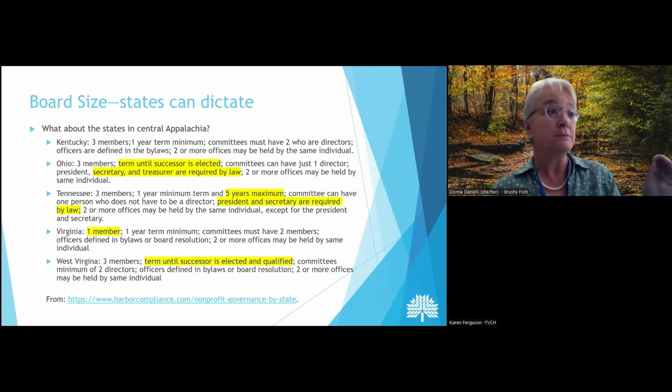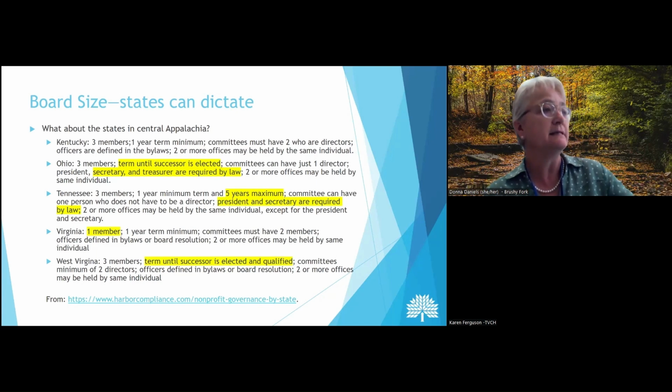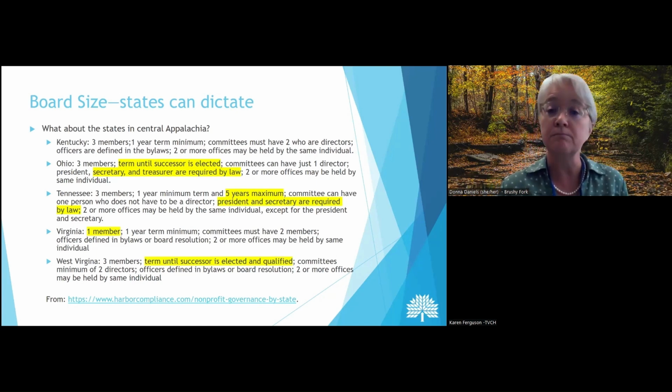There are some term limits that are set by states. Kentucky, Tennessee, Virginia, West Virginia. Let's see. Kentucky, Tennessee, Virginia all say there's a 1-year term minimum for your board members. And so you have to at least give them a 1-year term. But then Ohio and West Virginia say that the term ends when the successor is elected, a qualified successor is elected to replace that board member.